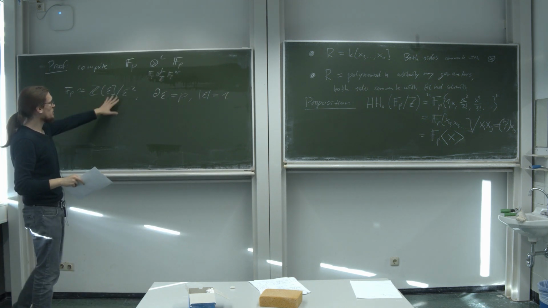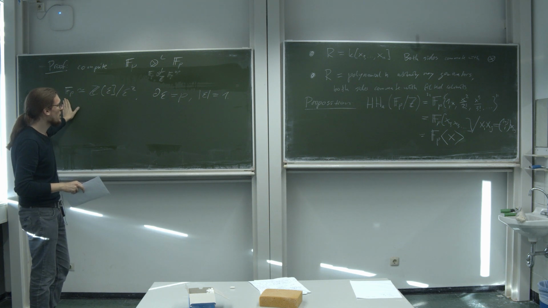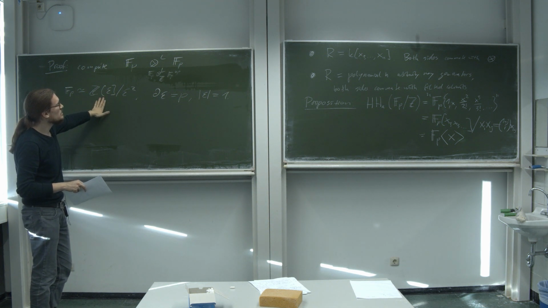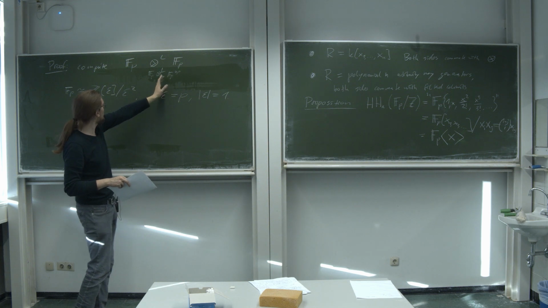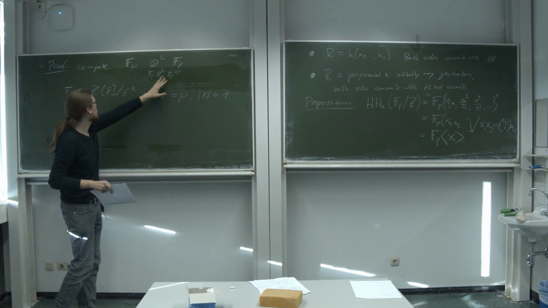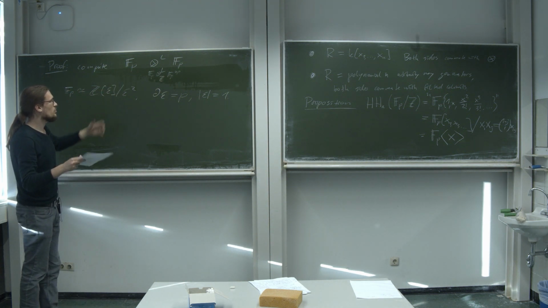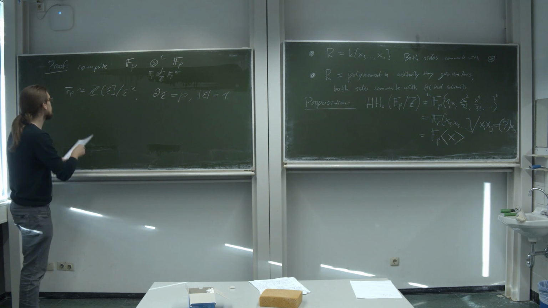You can directly check that this is quasi-isomorphic to Fp, but this guy is now Z-flat. So to compute this tensor product, we can simply replace one of these Fp's by that guy and compute the tensor product.